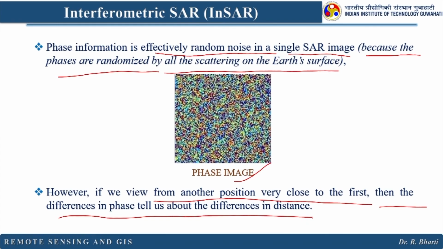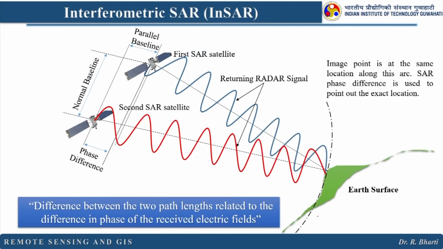So, basically, if we have measured the same target from two different locations, we can generate the phase information, and once we have the phase information, you can easily identify the differences in distance, and then you can use this data.